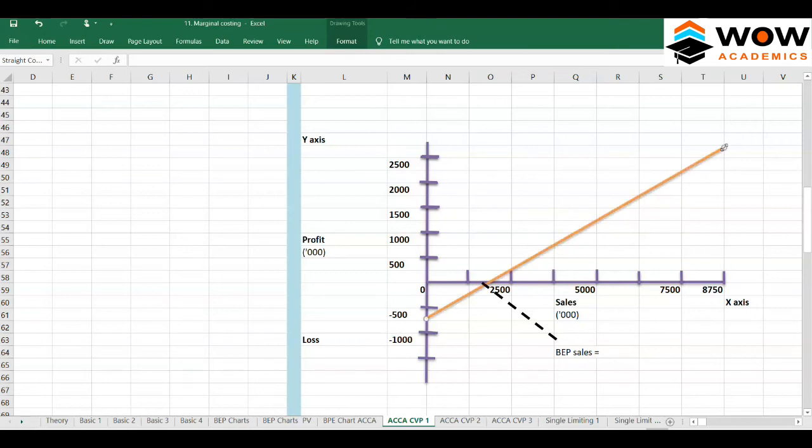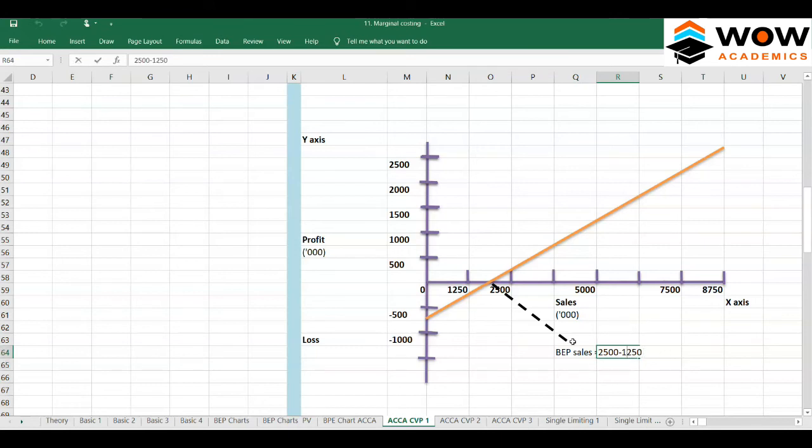Okay, so let's see our BEP, is it correct or not? So this should be our break-even point. We are giving a scale of 1250. This is 1250, this is 2500. It is cutting between these two, so it is between 1250 and 2500 units.